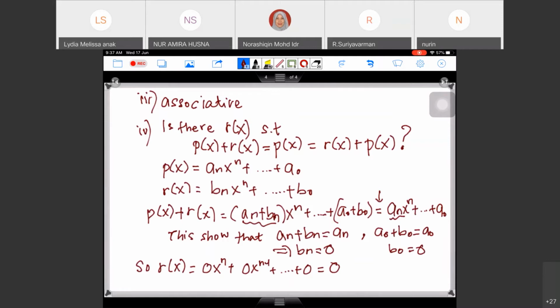Okay. How about the inverse? Can you guys do the inverse? Is there any Rx such that Px plus Rx equals the zero vector, the zero polynomial? And find what Rx is. Let's say Aisha here, can you please do it and post it in the WhatsApp group?